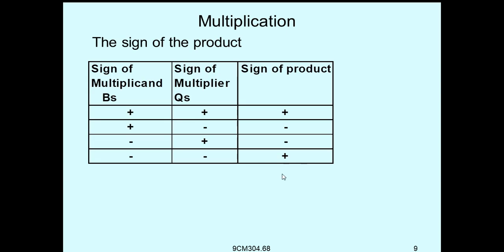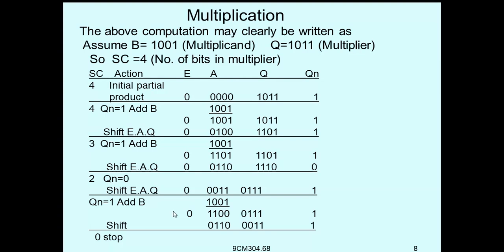So how can you decide the sign of the product? This is the example I told you, how you can perform the multiplication of the two numbers, and then how you can give the sign to the result. Whatever value the AQ registers hold is the final product.